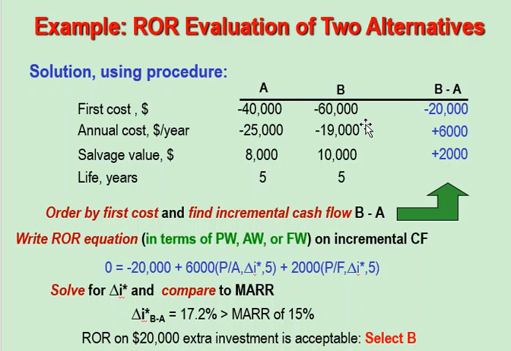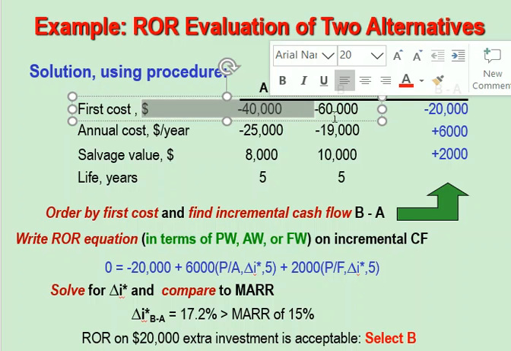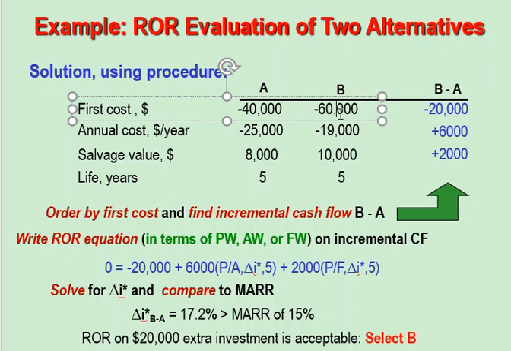The rule is as follows. I sort them from less first cost to higher first cost, like I have here, negative 40, then negative 60.